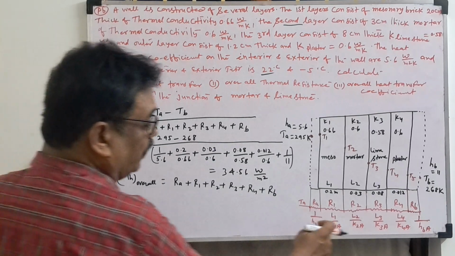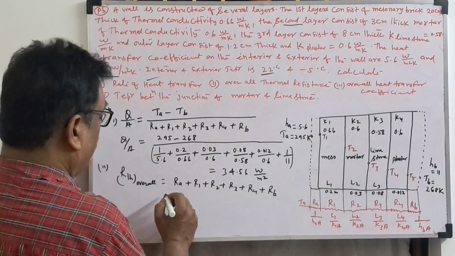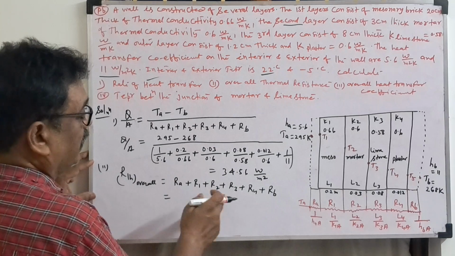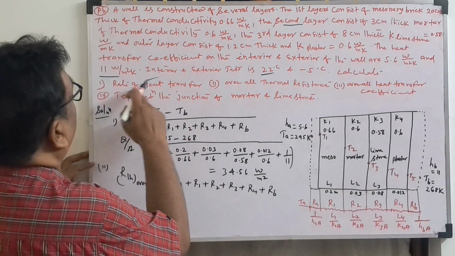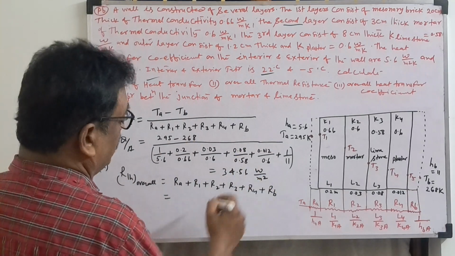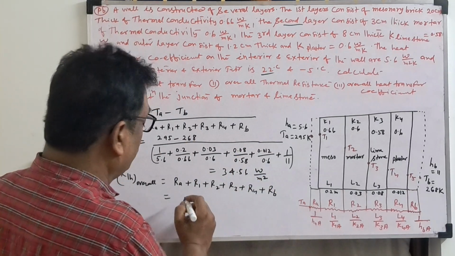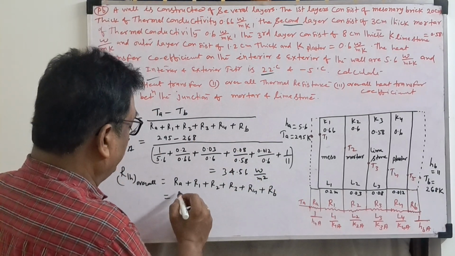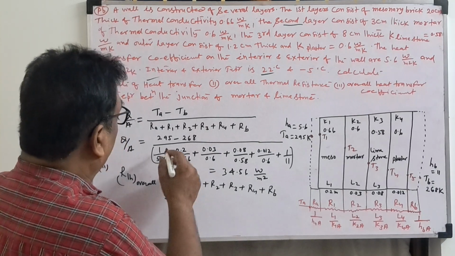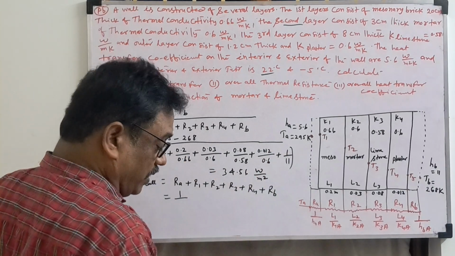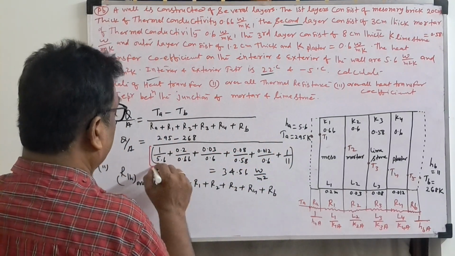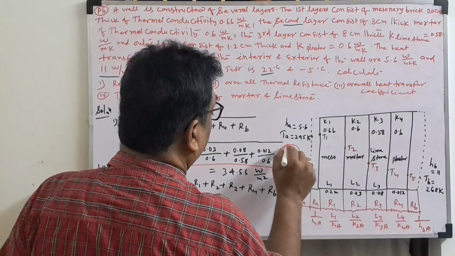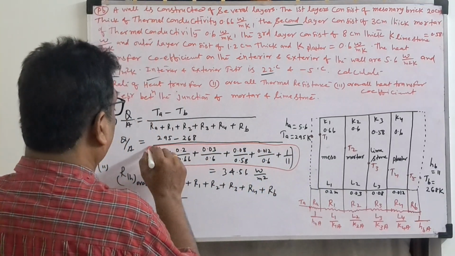So all the values you will write and add and substitute. Area we will take as 1 meter square here, because the given rate of heat transfer is per area. If you calculate this part separately, that is called total thermal resistance.